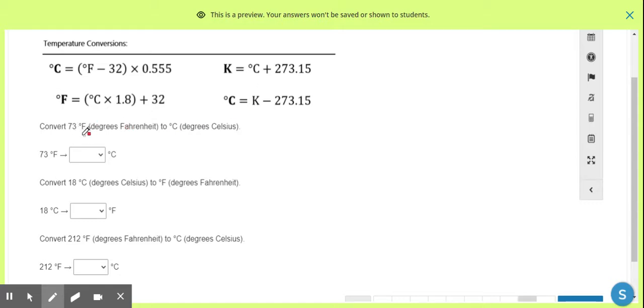Maybe you have a Fahrenheit temperature and you want to know what that would be in Celsius to kind of get an idea of that.